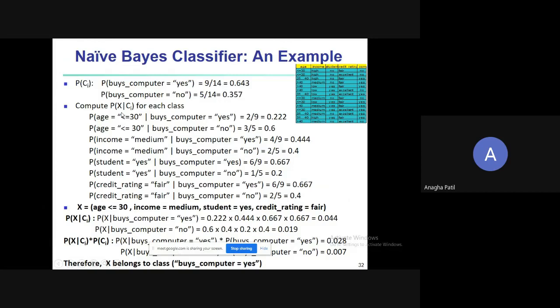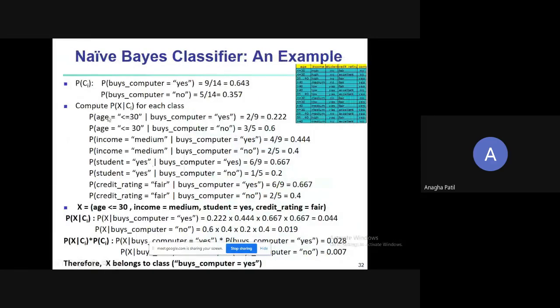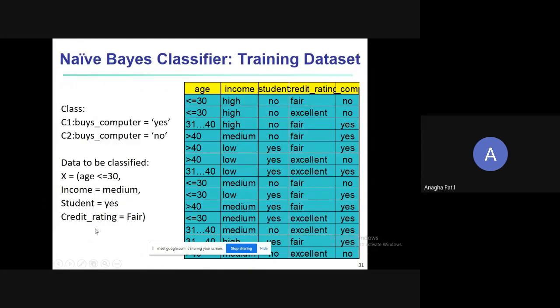Now the conditional probability based on this particular data to be classified. They have given age less than or equal to 30. For the first attribute, this probability would vary: for age less than or equal to 30 with the first class label buys computer equal to yes, then for age less than or equal to 30 with buys computer equal to no. We do this for every attribute listed in the test set.